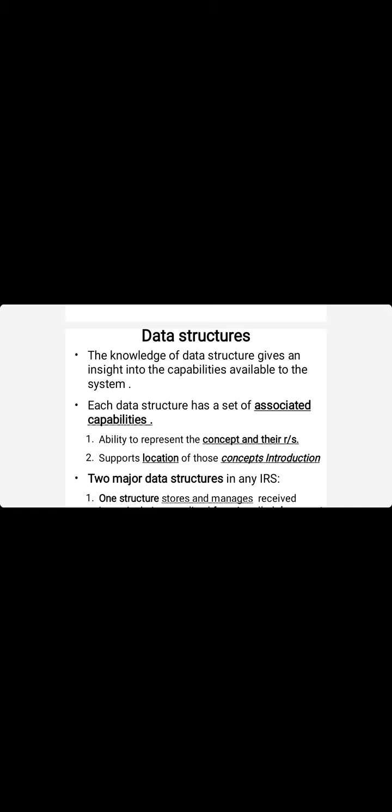In that, first one is the introduction to the data structures. There are two main data structures in any information system. One structure stores and manages the received items in their normalized forms.